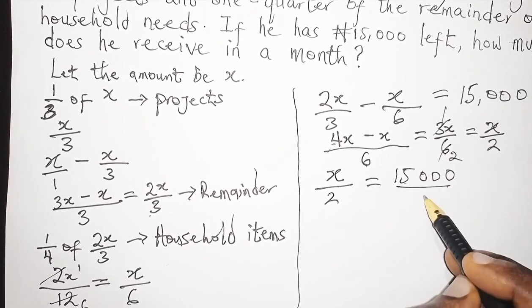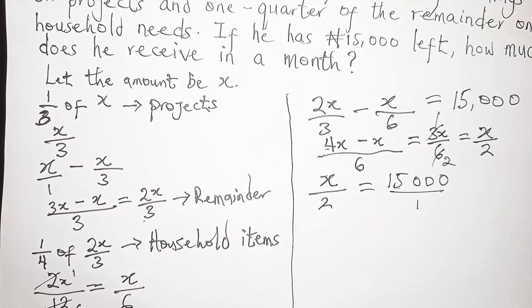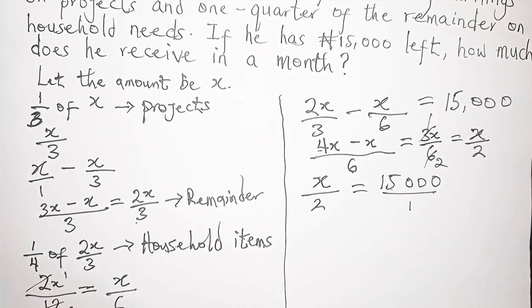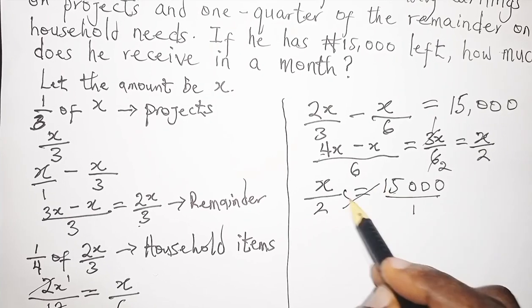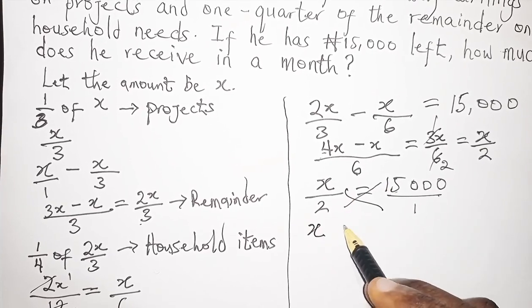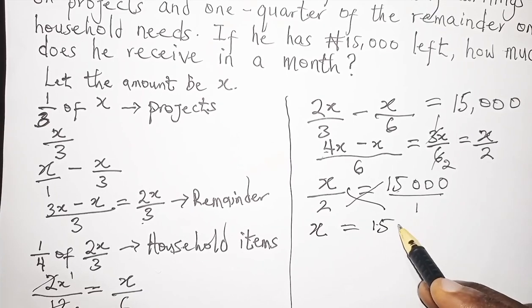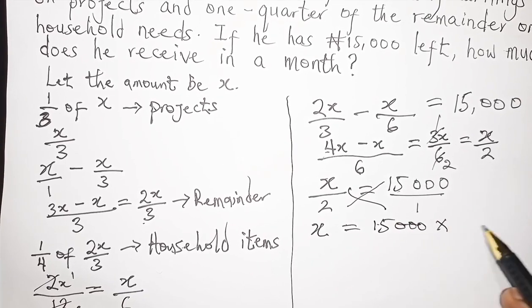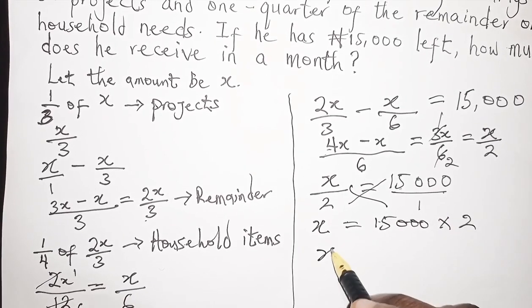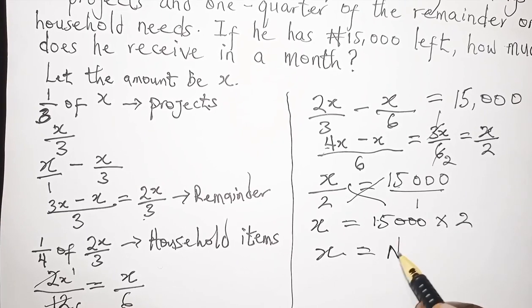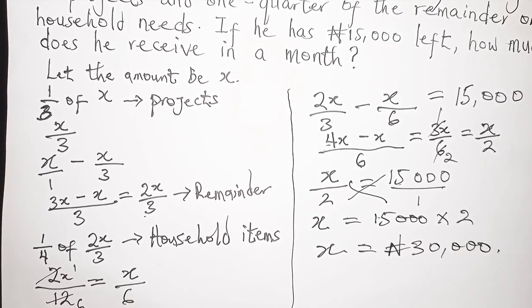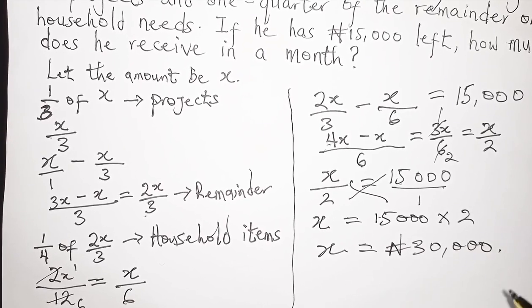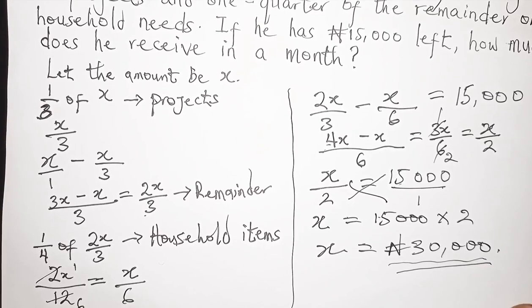And this simply means that if X over 2 is 15,000 naira, then X is that value which, when divided by 2, gives us 15,000. And that value is simply X equals 15,000 times 2, which means X is 30,000 naira. There we go. So the monthly earning of this man is 30,000 naira.